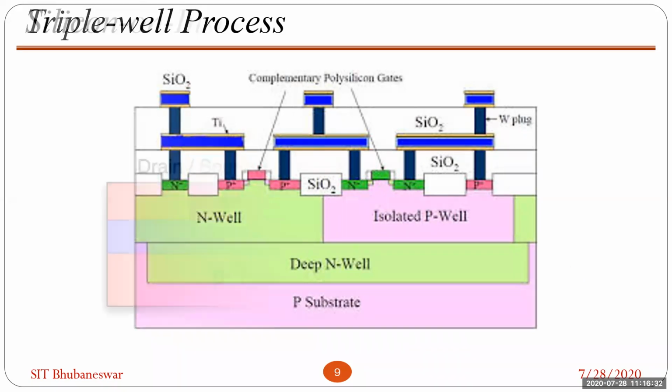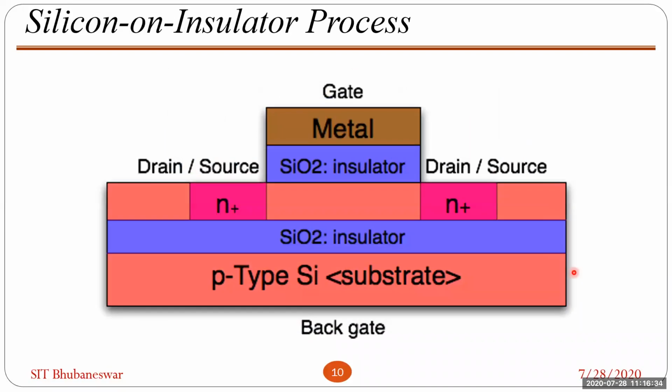And the SOI, this is a single NMOS. This is the SOI process. So in SOI, this is the P substrate, P type. Then you will create an insulator, and then you will create diffusion layers.